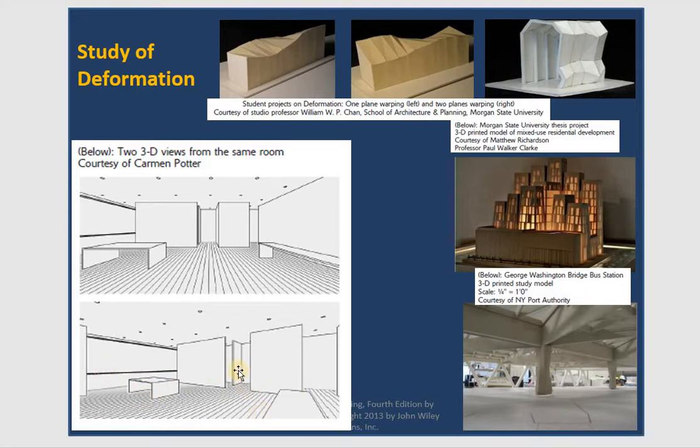Some parts of the view are closer and some are far, and that's what makes the projects different. This you can do very easily by sketch, and you can also do it digitally. I think it's easy both ways.